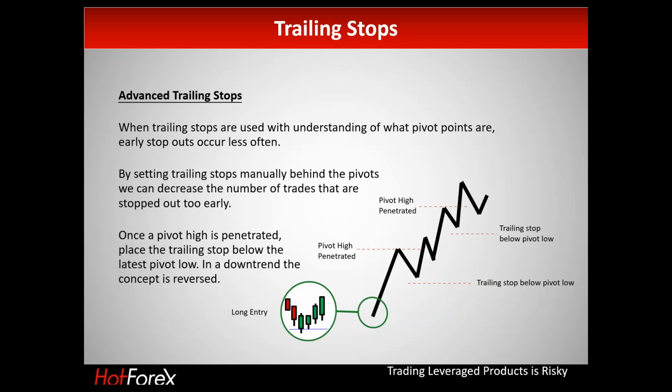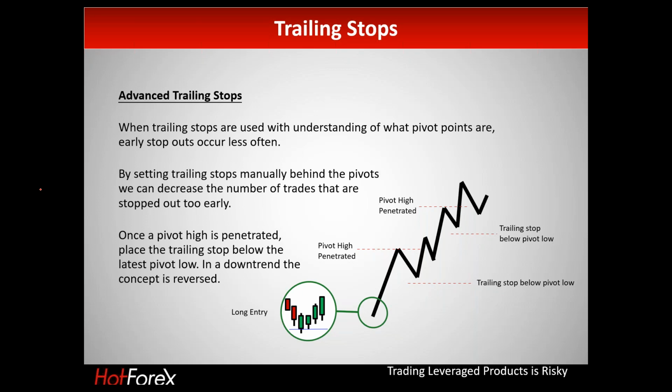Now, by using these support and resistance levels, let's get back to where we have been. You can set your trailing stops behind the pivot level. By setting the stop loss manually behind the pivot points, we can decrease the number of trades that are stopped out too early.